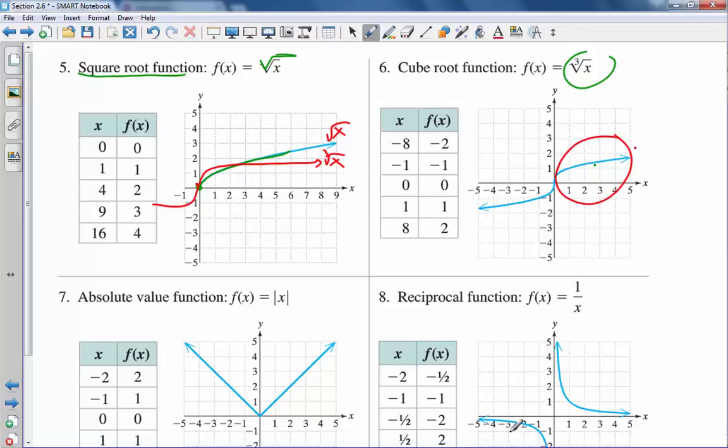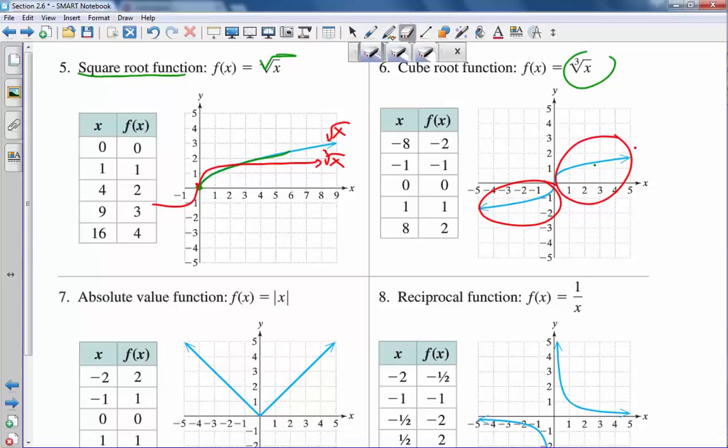However, cube root x has a symmetric picture on the left side. Same picture underneath the x-axis on the left side, it happens as well.